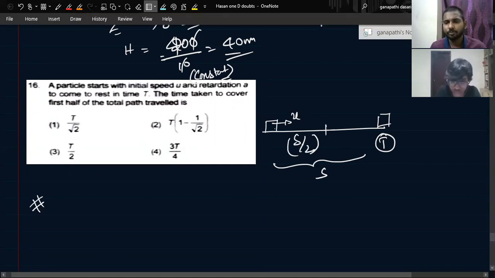What is the time for this half part? This you can solve by using the normal equations of motion for constant acceleration, s is equal to ut plus half at square, all these points.